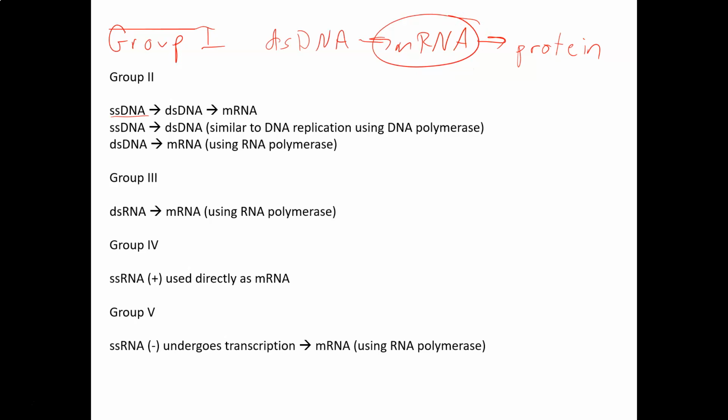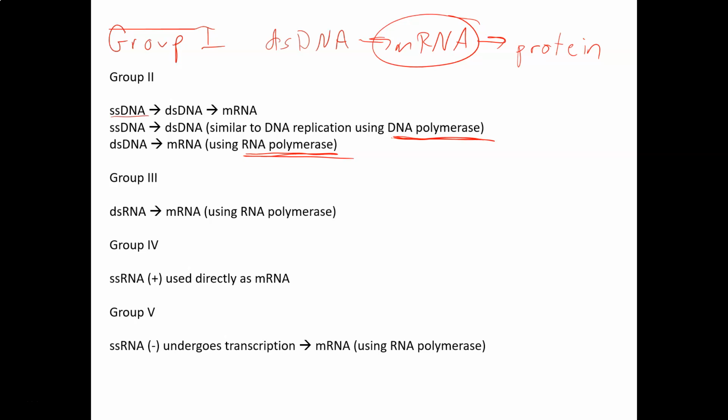So in group 2, the virus has single-stranded DNA, and that single-stranded DNA makes another strand. It becomes double-stranded, and that uses DNA polymerase, the enzyme DNA polymerase. And then RNA polymerase is used to carry out transcription, to convert the double-stranded DNA to messenger RNA.